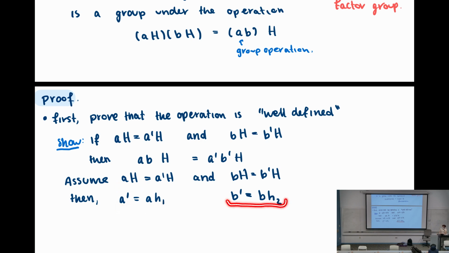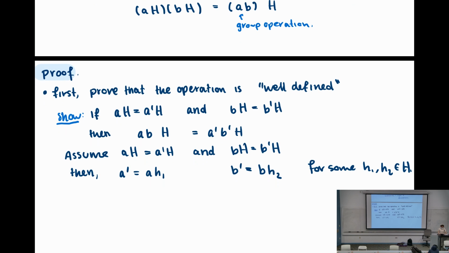And same thing over here, for some h1 and h2 in H. Okay, then I can do the following. So let's see what a prime b prime H is. We want to show that this is equal to abH.